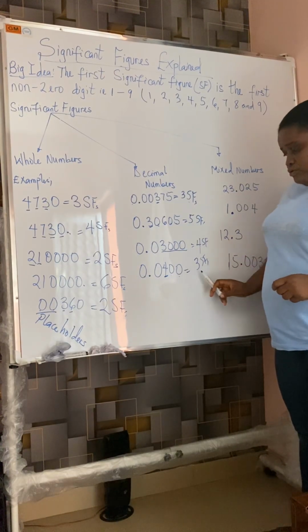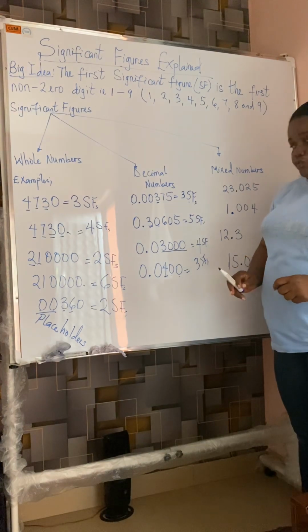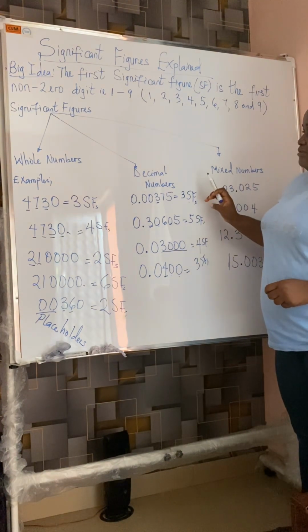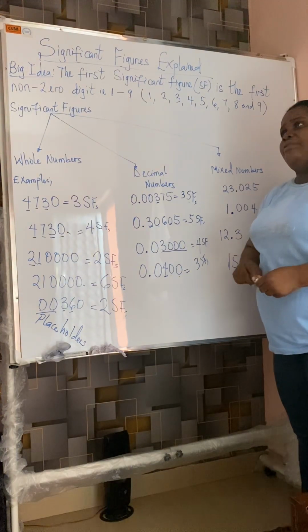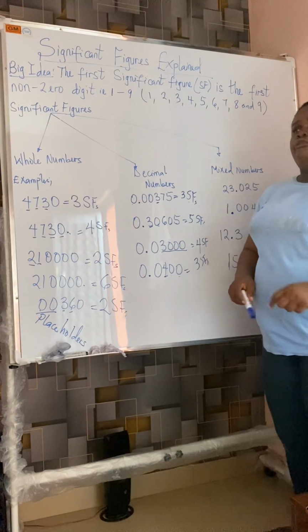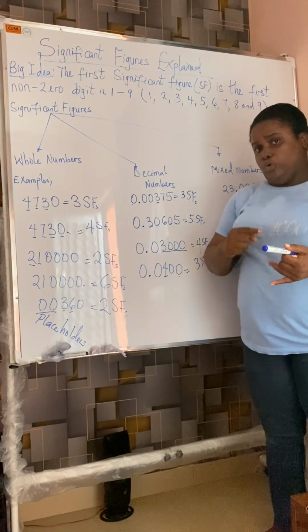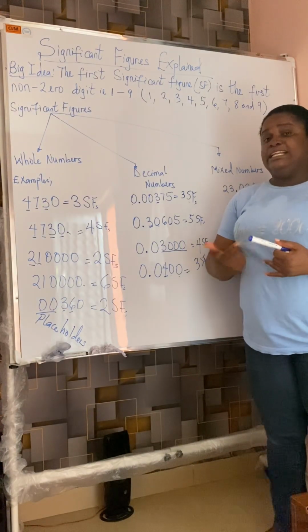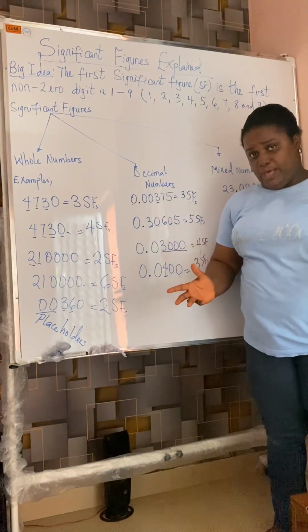So we have 3 significant figures here, beginning from this 100th position, which is number 4. So it is very easy for you to just look at a number, whether it is a whole number or a decimal number, and identify how many significant figures are present.